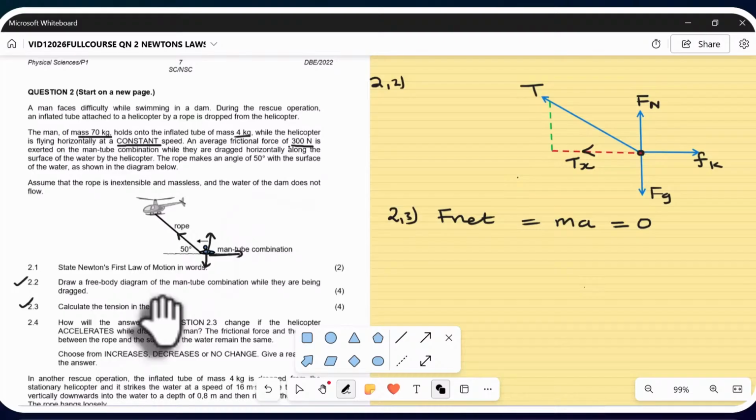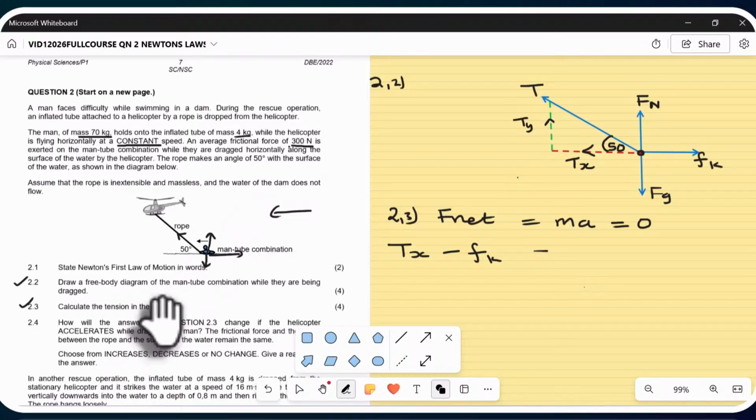Now because the helicopter is going to the left like this, our F net is given by Tx minus the frictional force equals 0. So in this case, our Tx equals the frictional force, which is Fk.